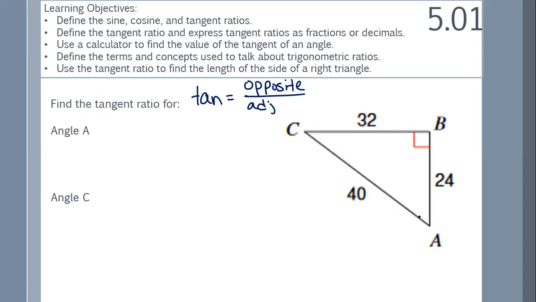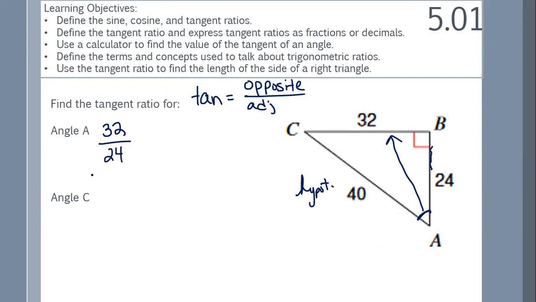So if I'm looking at angle A here, the opposite is 32. The hypotenuse is always this guy. That guy doesn't change. The adjacent leg would be this 24 here.